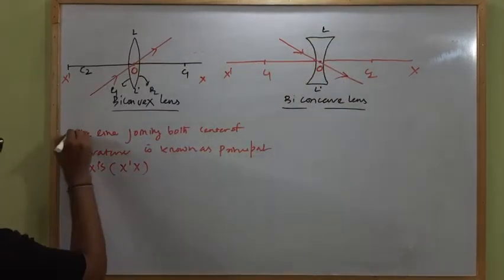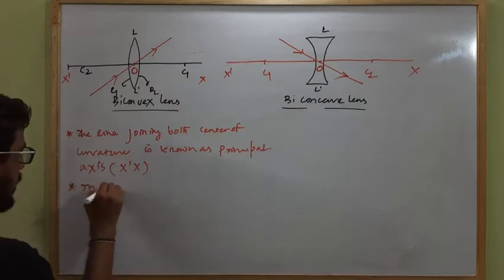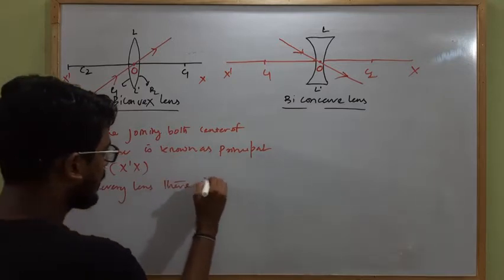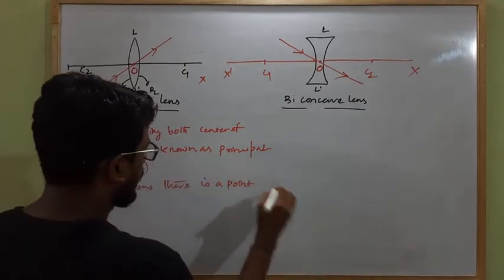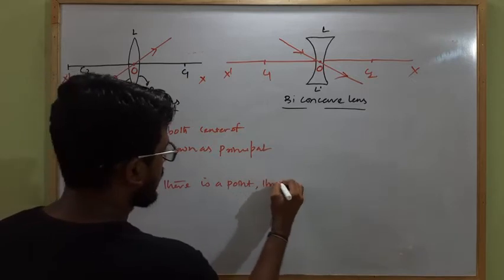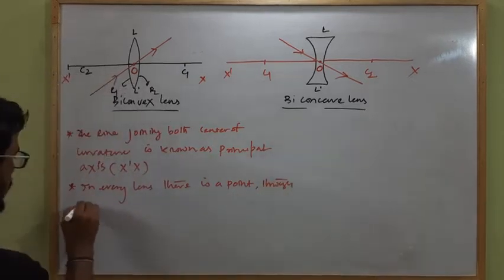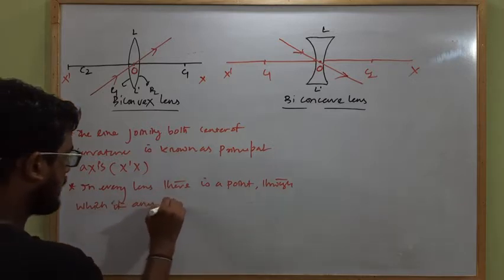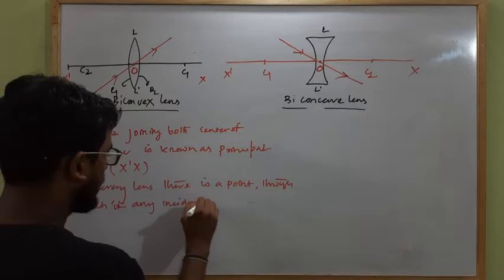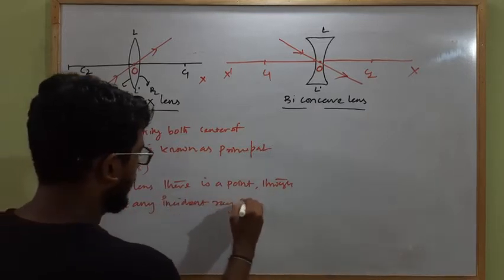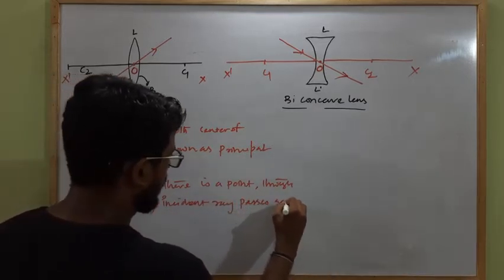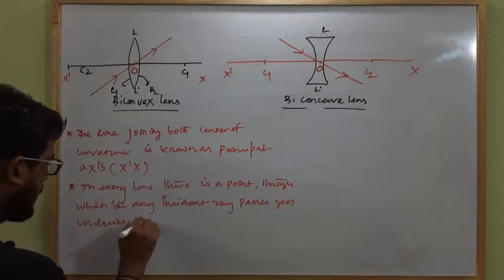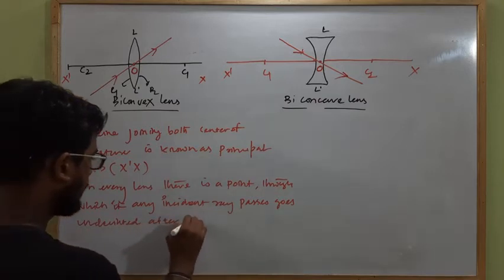Okay, in every lens there is a point through which if any incident ray passes, it goes undeviated after refraction.